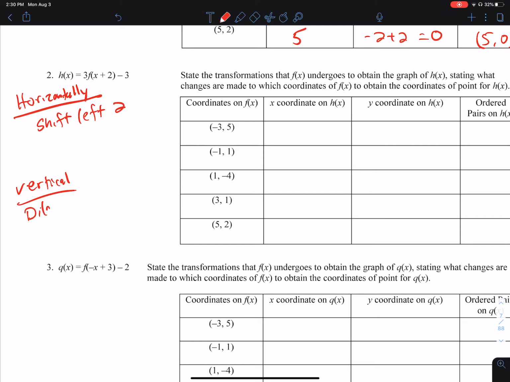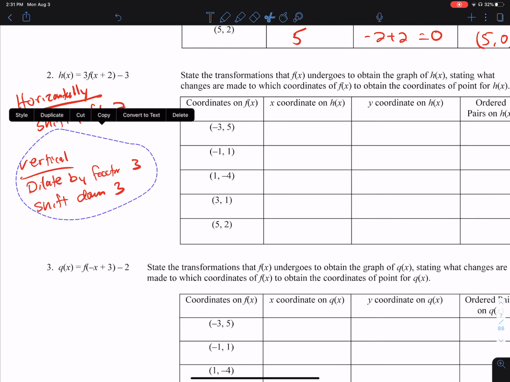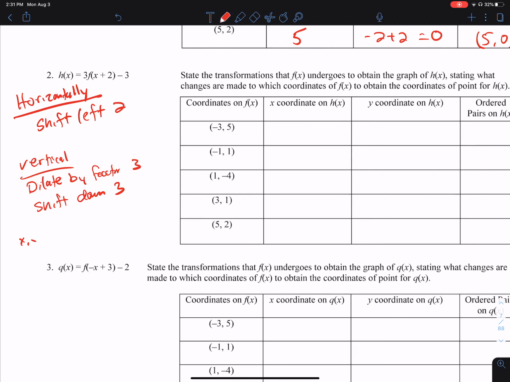So dilate by a factor of 3, and then we're going to shift down 3. If we combine these two things together, the original ordered pair xy is going to become x minus 2, because we are shifting left 2, we're subtracting 2.